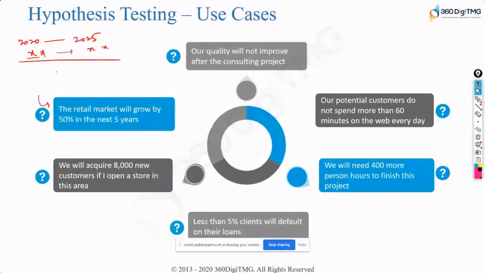And the decision that you need to take now is, can I invest in retail market? Right? So null hypothesis and alternate hypothesis. There is an action in question. That is, should you invest in retail market or not? Always remember, null hypothesis is default action.